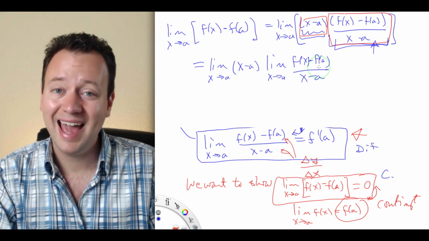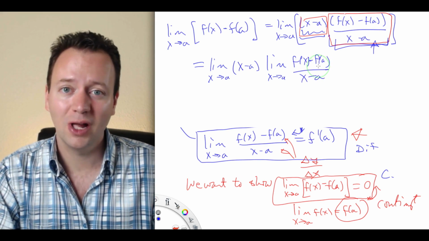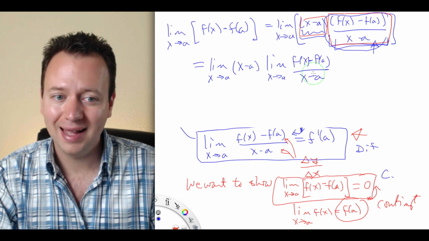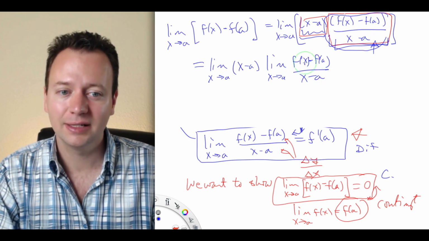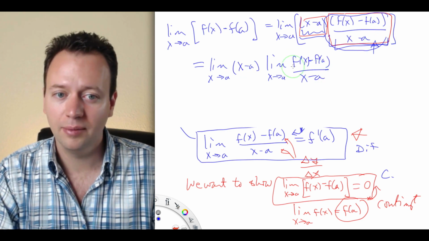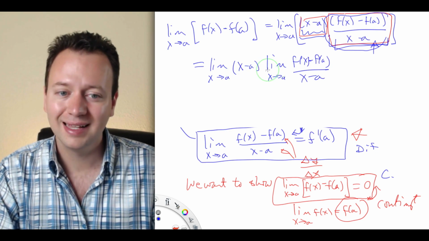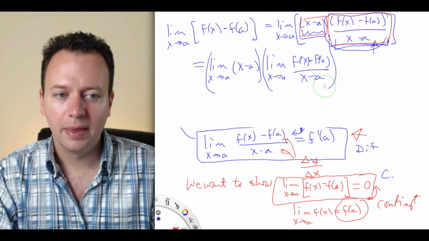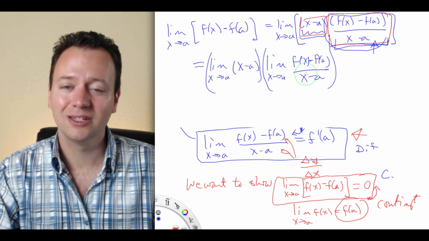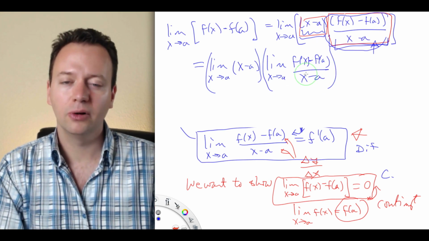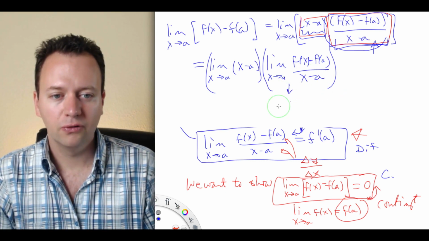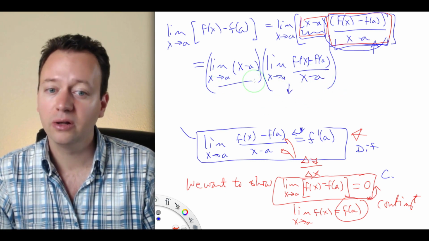Note that we cannot do this step if the function is not differentiable. When one of the factors by itself has no limit, you can't separate the two limits as the limit of one factor times the limit of the other. But since this limit does exist, we can break it into a product of two separate limits. This one converges to f prime of a, and this one goes to 0.